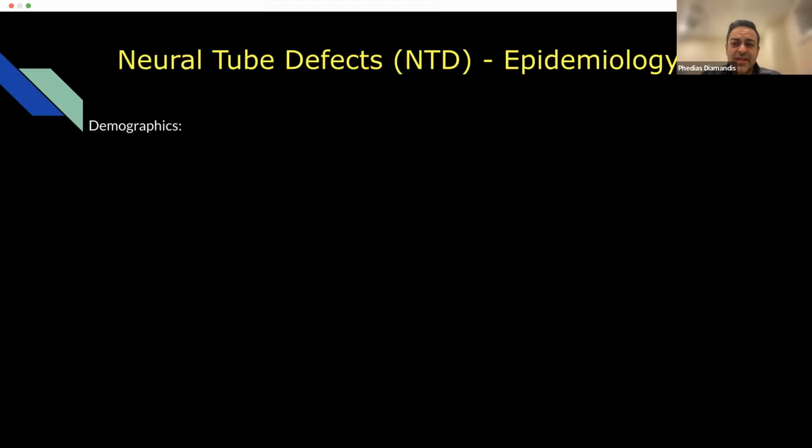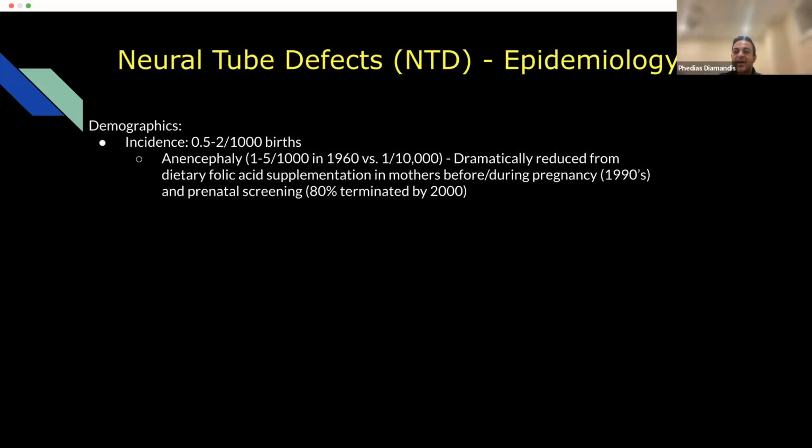So just a little bit about the epidemiology. These have an incidence of about 1 in 1,000 births. This has significantly changed in recent times as our understanding and ability to detect these diseases has improved. For example, in the 1960s, anencephaly and myelomeningocele, which are the most common neural tube defects, were about 5 in 1,000 births. Now they make up about 1 in 10,000 births.